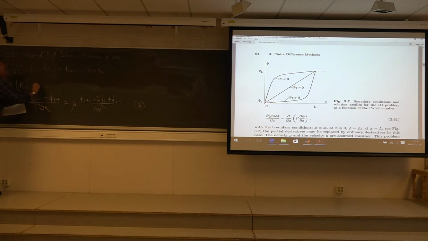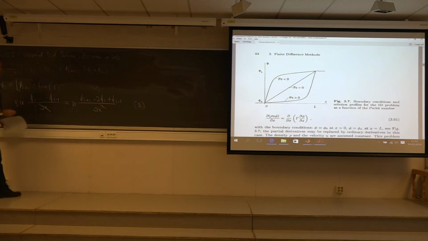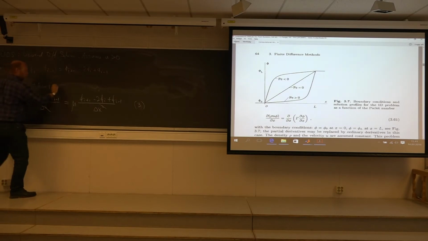The phi i minus 1 will have a little bit more. It will have the 1, and it will have plus the cell Reynolds number, and this one goes on the other side, plus the cell Reynolds number.